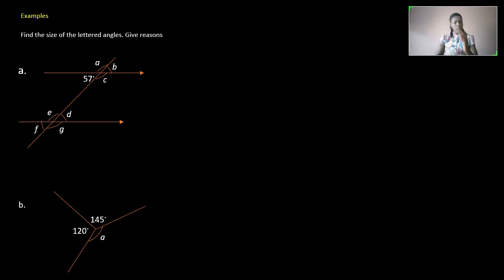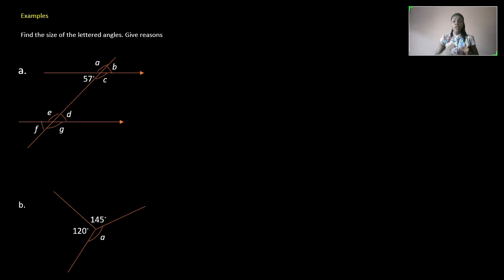So these are the reasons. So here in the example we have angles A, B, C, D, E, F, G, and we have a known angle which is angle 57. We only know one angle, 57.